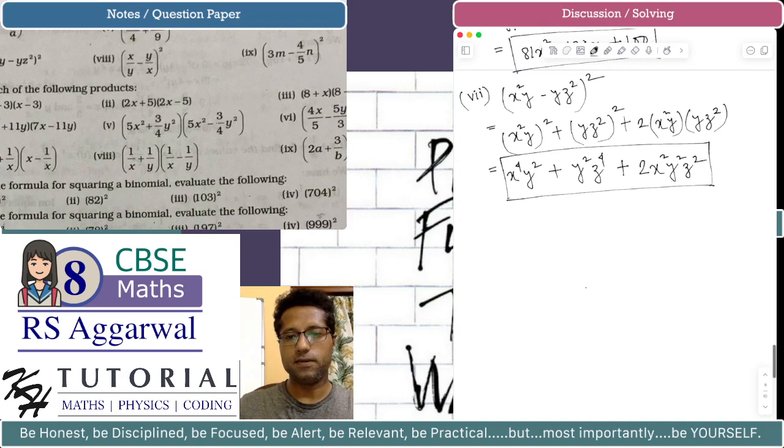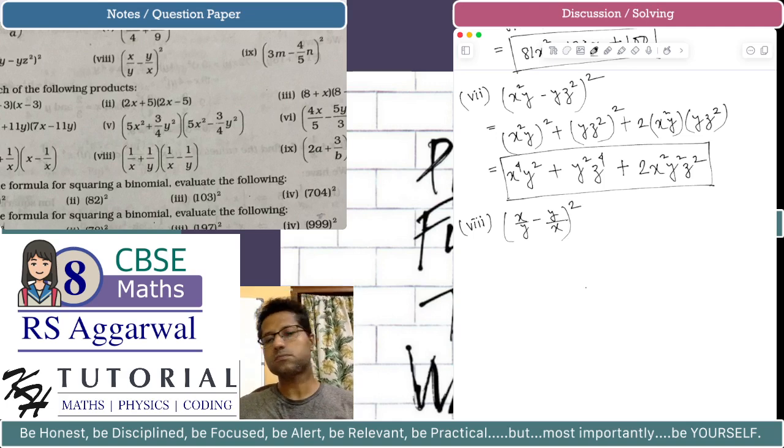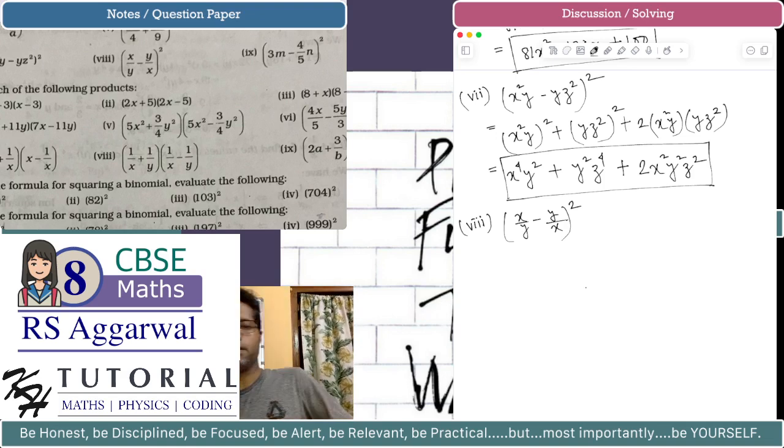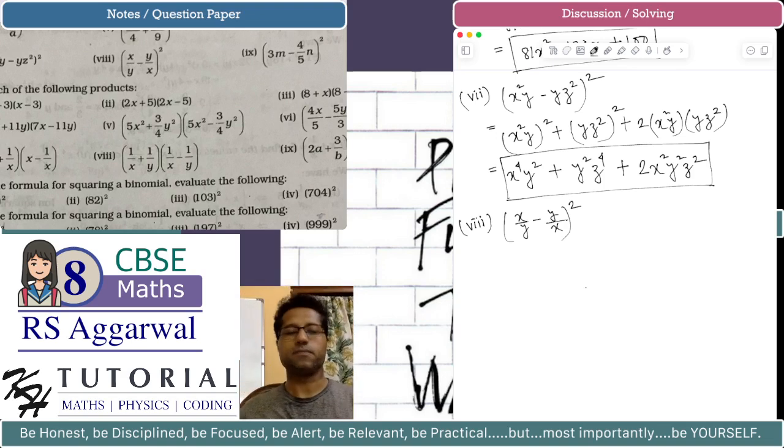Let's do part 8. (x by y minus y by x) square. Now you will notice that it is (a minus b) whole square, where a and b are reciprocal of each other, because x by y is the reciprocal of y by x.